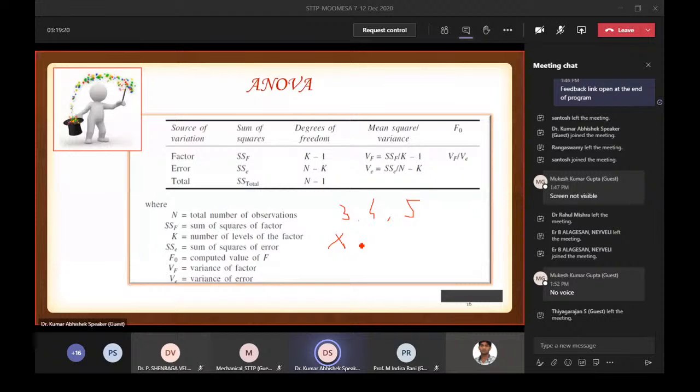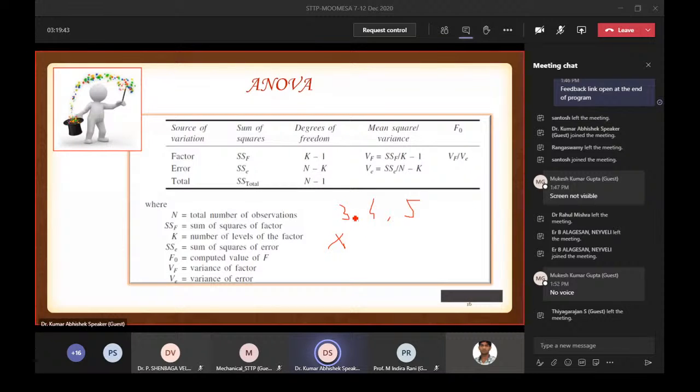And degree of freedom is this: suppose you have three levels, that is 3, 4, 5, so factor x has 3 levels. Degree of freedom is 2, that is the total number of levels minus 1.